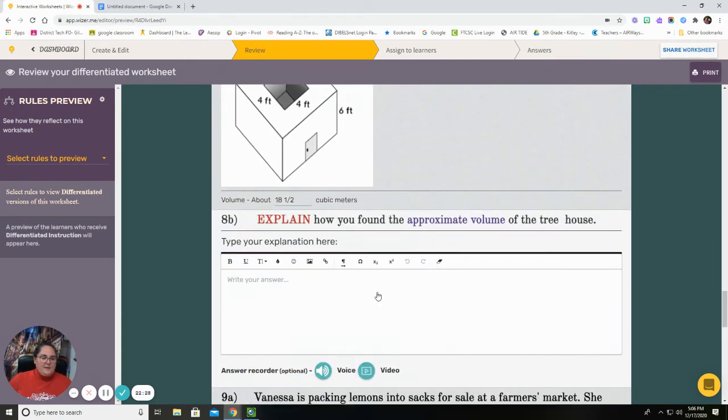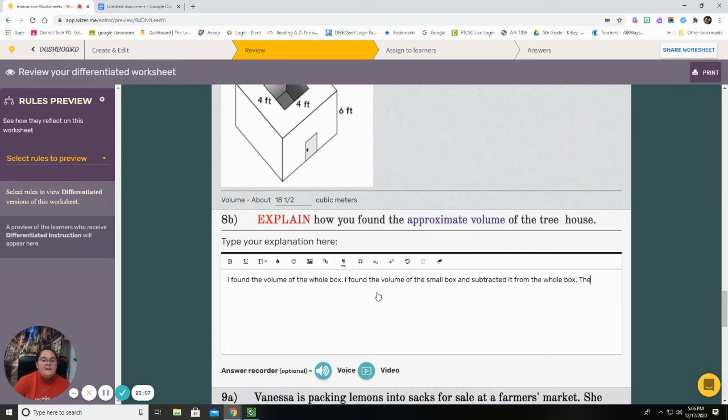Explain how you found the approximate volume. Okay, what were my steps? I found the volume of the whole box. I found the volume of the small box. I subtracted it from the whole box.